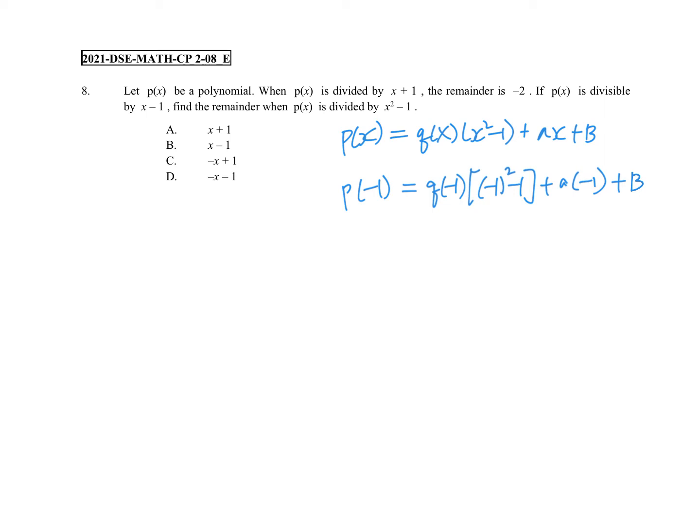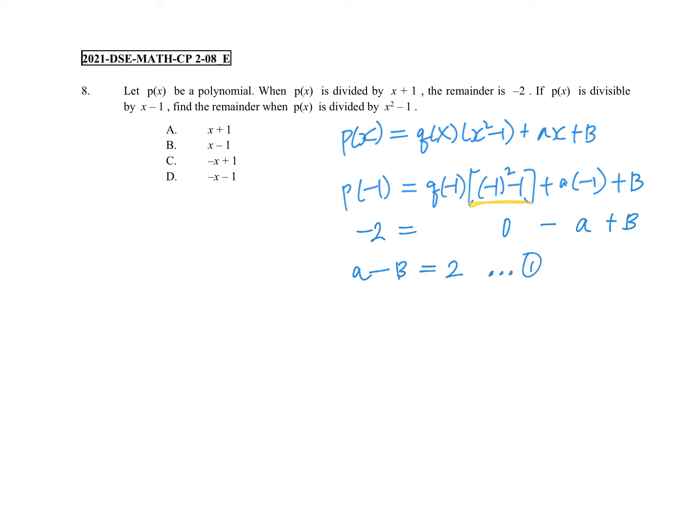So by the remainder theorem, P(-1) will be negative 2. And you can see that since this one is 0, the whole term will be 0, and then we can successfully set up an equation involving a and b.